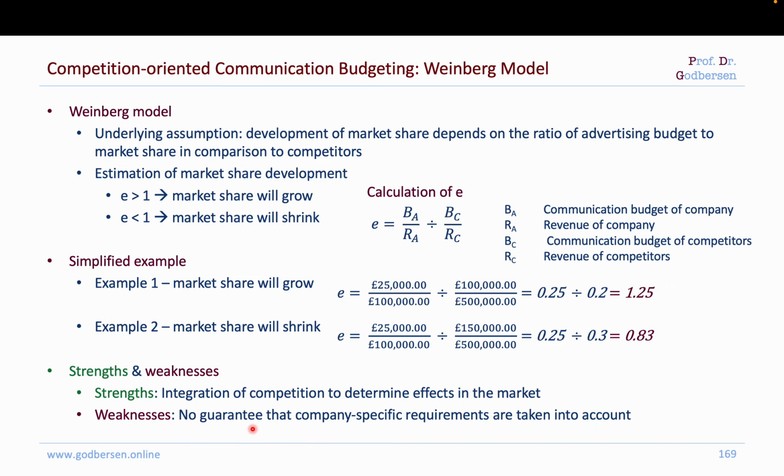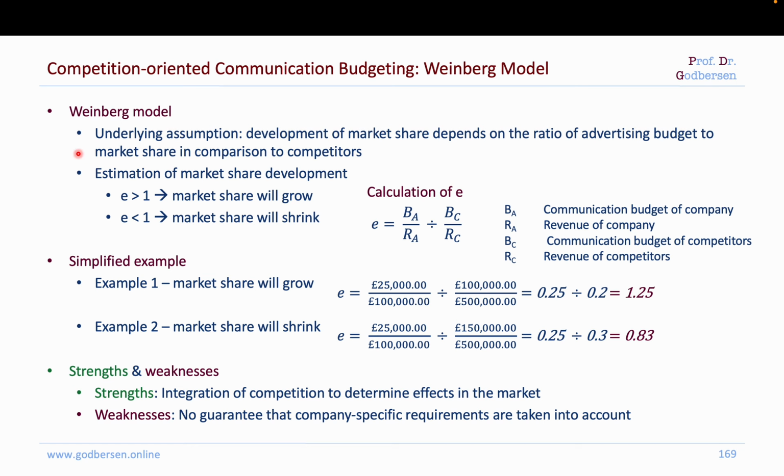The second approach to communication budgeting is the competition-oriented approach. We virtually always have competition in our markets, so also with communication budgeting, it's a good idea to have the competition in mind and not disregard it. As a competition-oriented communication budgeting approach, I would like to introduce you to the Weinberg model.